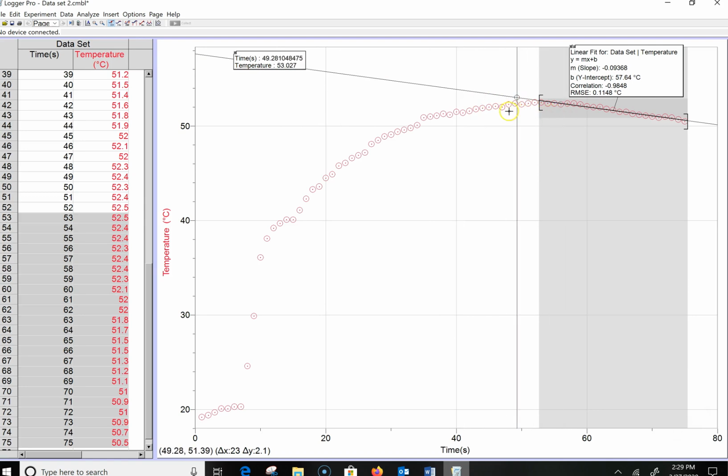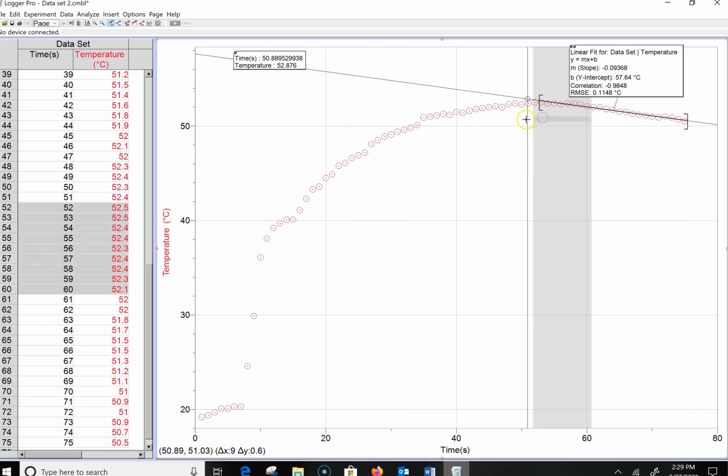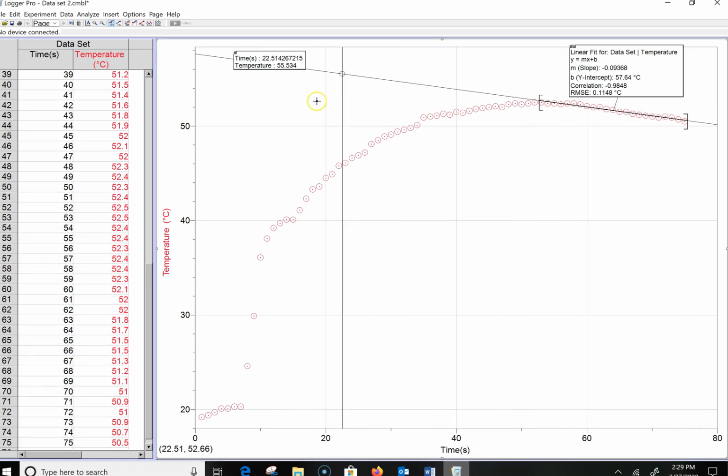And then we can look at time and temperatures for various points in time. We're going to assume this heat loss is linear, and go back in time to right about when the reaction got initiated, roughly right about there. The temperature I'm seeing is 56.994.